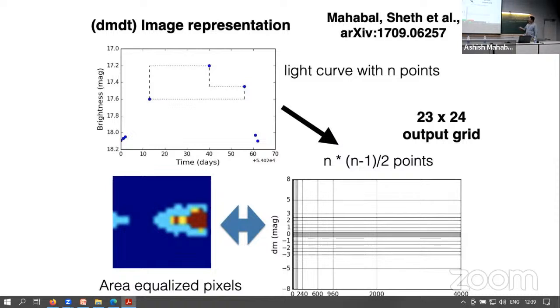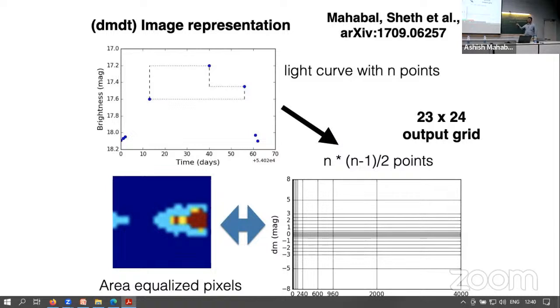So what we did was, if this is your time series, take every pair of points. Here you've got a delta T and a corresponding delta M. So you create a 2D area where your x-axis is delta T and your y-axis is delta M. Small delta M's, because there'll be many observations which don't change in brightness at all. So for every pair of points, you have a point that sits in this 2D image.